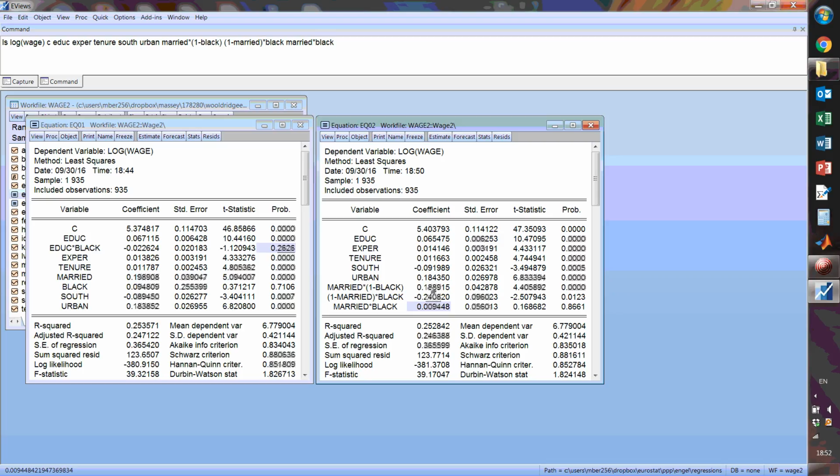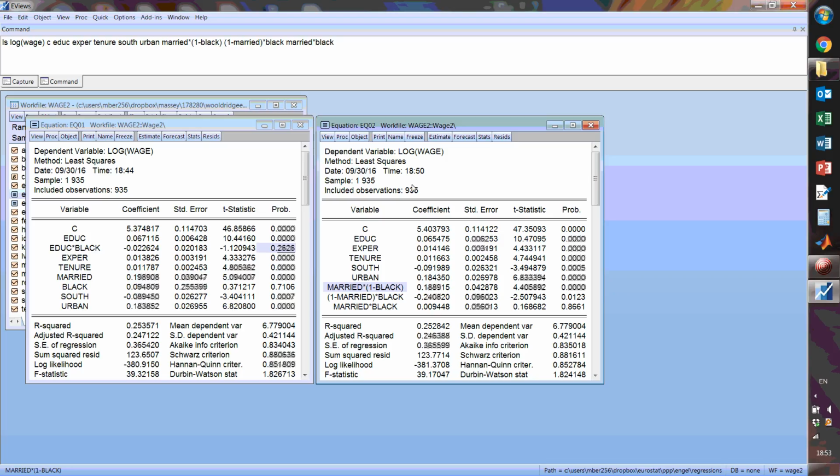And if I did it the other way, choosing the married non-black male as the base category, then the coefficient on married black male would be minus 0.179, or 0.18, 18% lower. So you can calculate that effect from either of those regressions. The easiest way would be to choose one of them as the base.